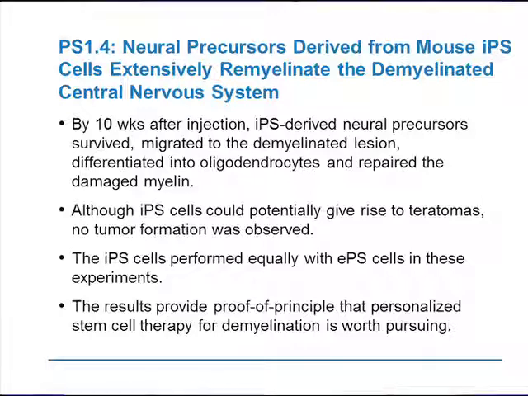Furthermore, the iPS cells did just as well as mouse embryonic pluripotent stem cells in these experiments. So these results provide a very nice proof of principle that personalized stem cell therapy for demyelination is worth pursuing.